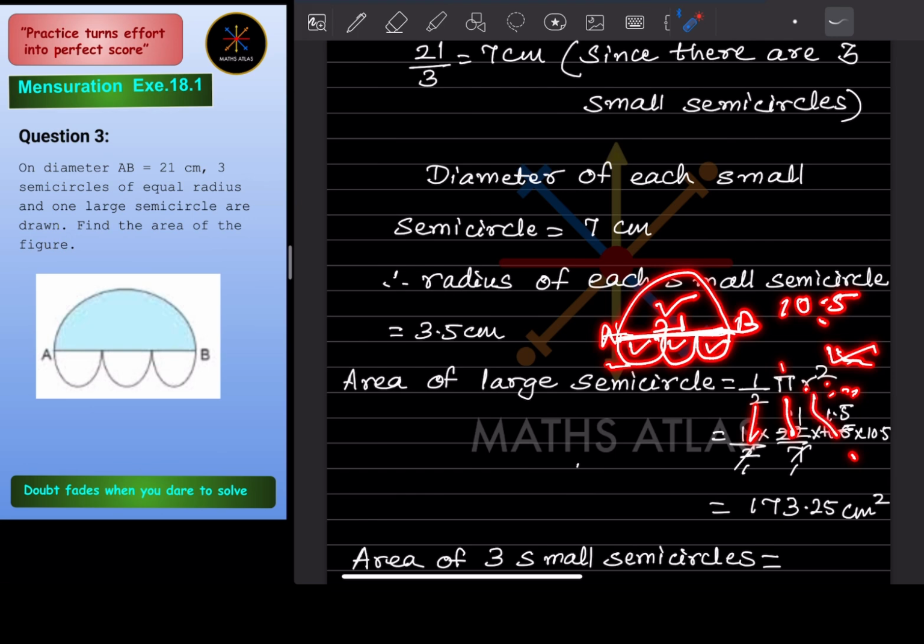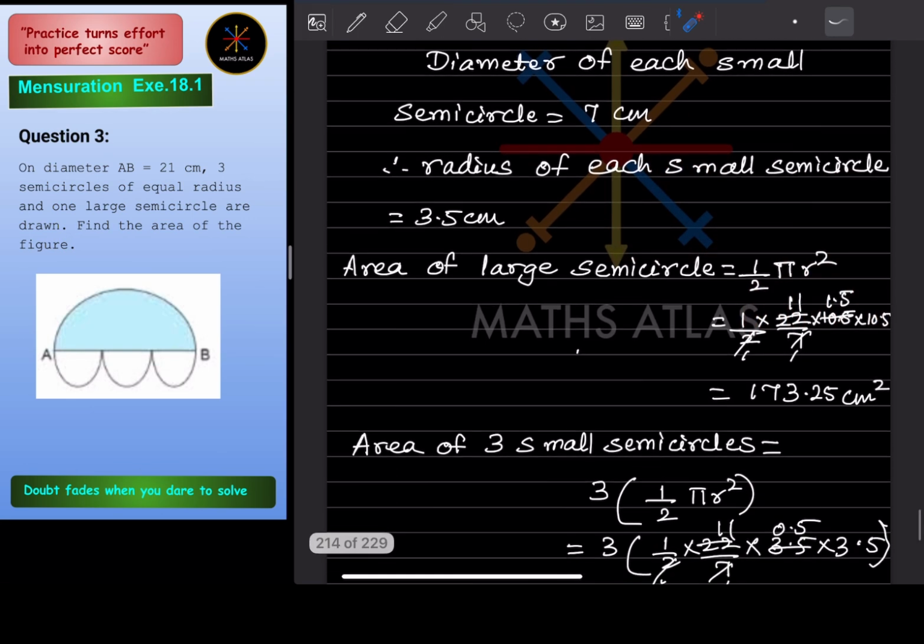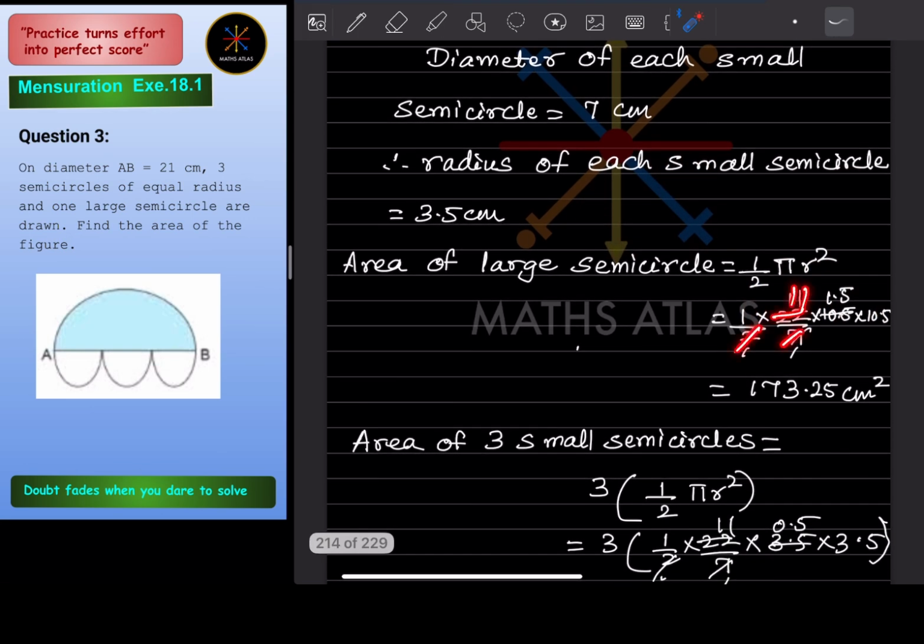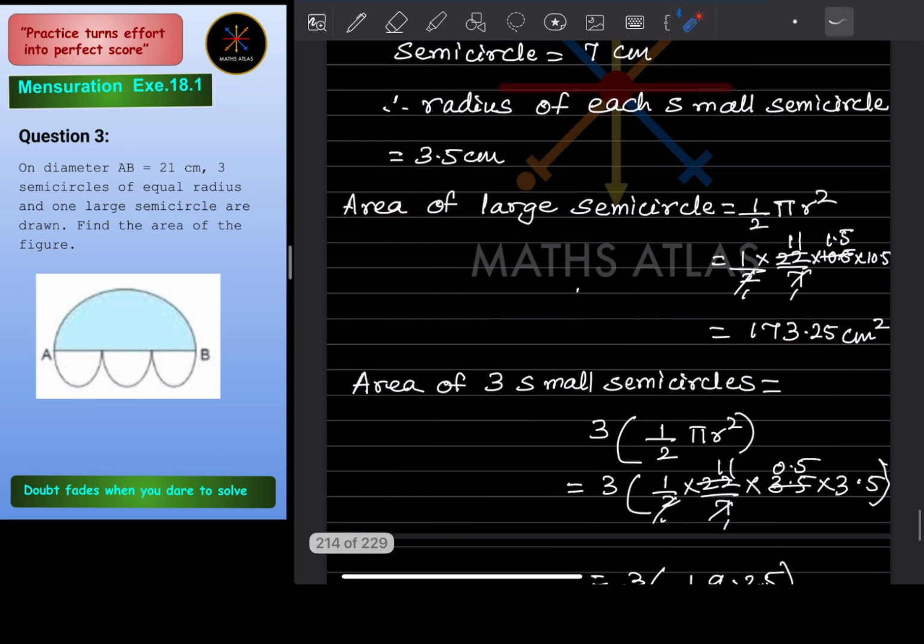So 10.5 into 10.5. Once that is done, you just simplify, and after multiplying this all, we get 173.25 centimeters square. So now we got the area of the large semicircle as 173.25 centimeters square.